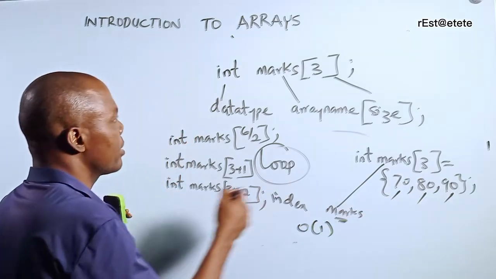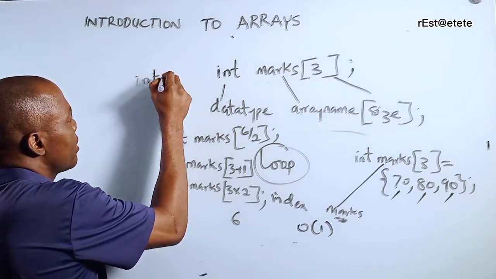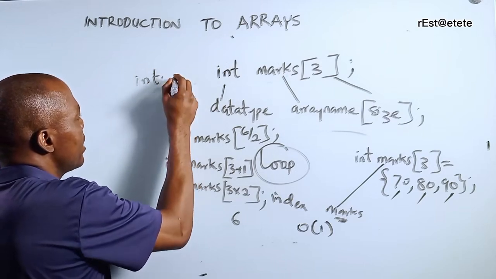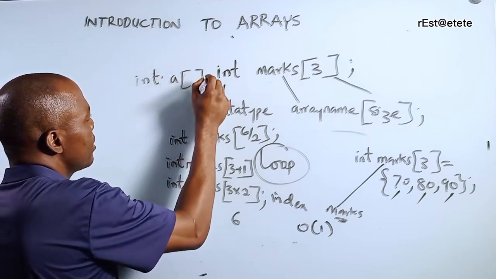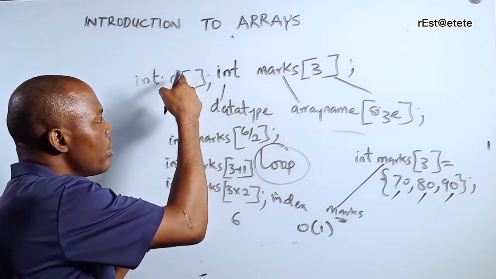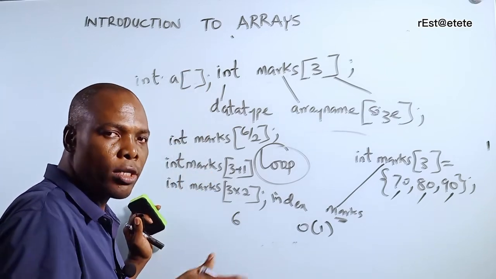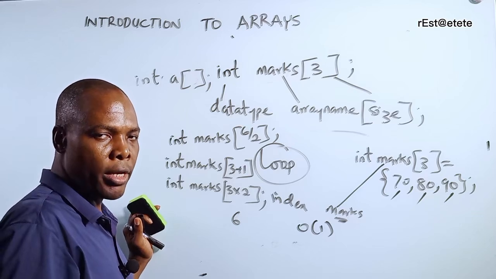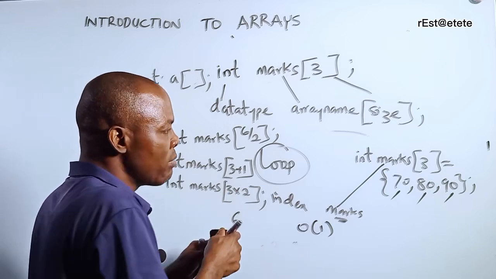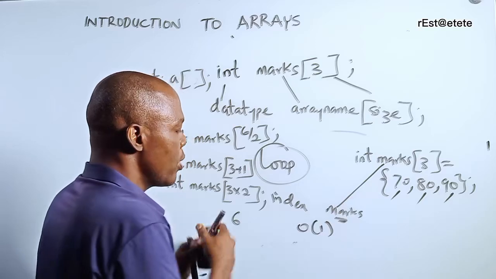Now, if I say int a[] and leave it like this, the system will throw me an error because it doesn't know the size of the memory that will be allocated.